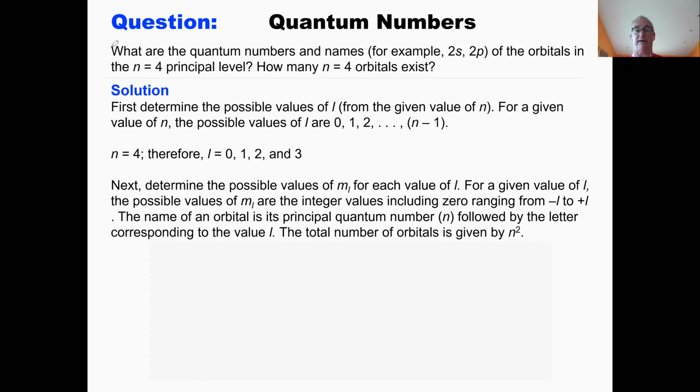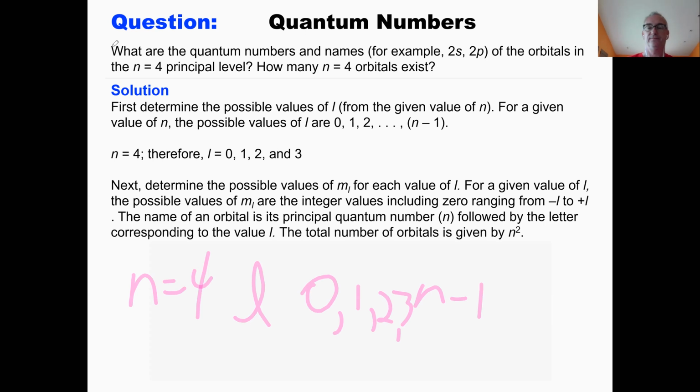How far away from the nucleus is it? So if n equals 4, that immediately tells you what L can be. L is equal to 0 to n minus 1. So it's 0, 1, 2, 3. So it has all the subshells in it.